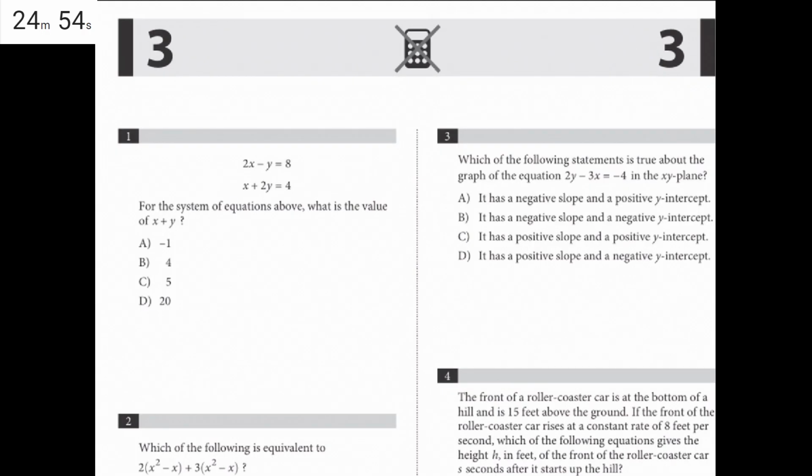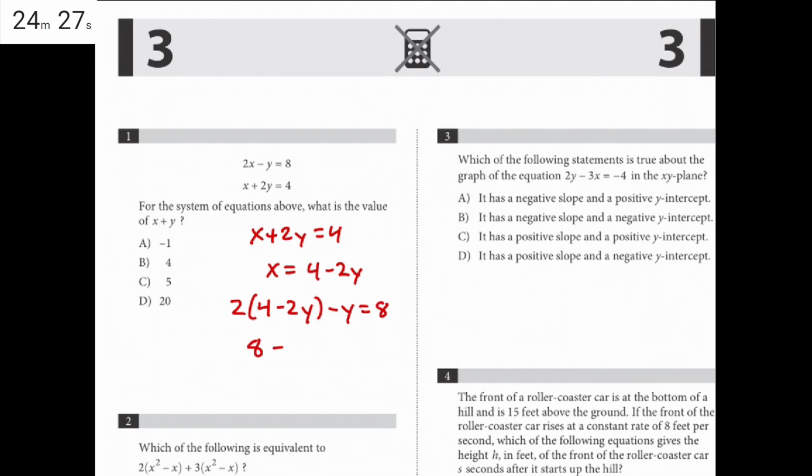Question 1. 2x minus y equals 8, x plus 2y equals 4. For the system of equations above, what is the value of x plus y? So essentially we're just going to solve for x first. x plus 2y equals 4, that's going to be x equals 4 minus 2y. Plug that in. 2 times (4 minus 2y) minus y equals 8.